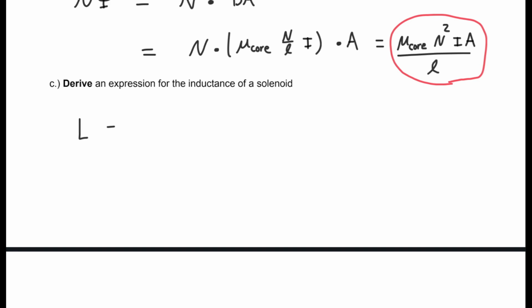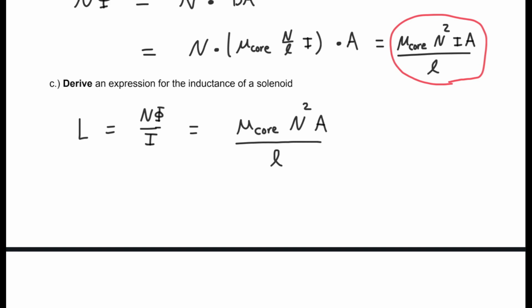So the inductance is just going to be total flux divided by the current supplied, and notice that this completely cancels out that one I in the numerator. So we get mu of the core times the number of turns squared times the area of each coil divided by the length.